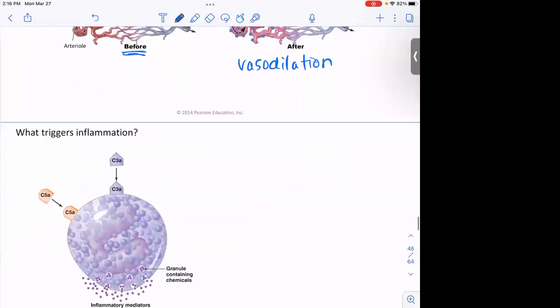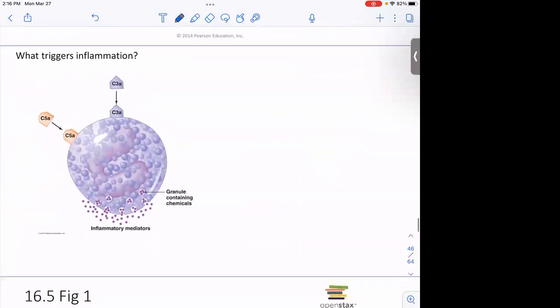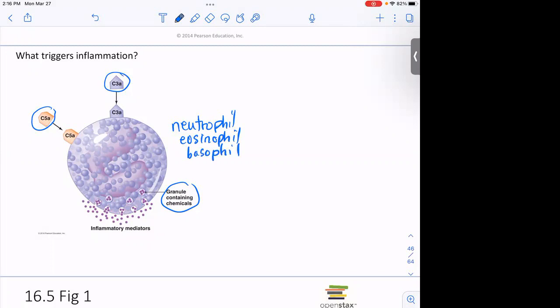What triggers this? What triggers the release of these inflammatory mediators? Remember what I talked about last lecture, those complement fragments C3a and C5a. They can actually bind to some granulocyte, maybe a neutrophil or an eosinophil or a basophil, and cause those granule-containing cells to degranulate and release these inflammatory mediators.